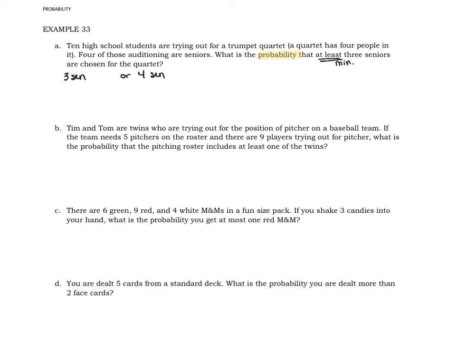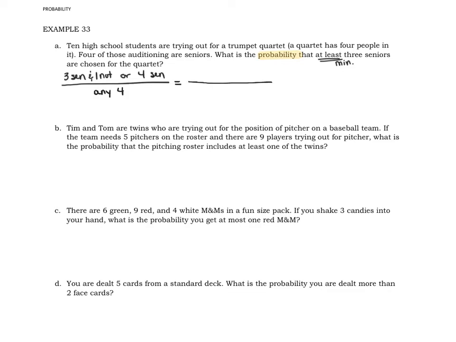So if 3 seniors are chosen, that means we need 1 person that's not a senior. That'll be the numerator of our fraction. That's the specific situation we're talking about. The denominator is just, I need 4 people to be in a quartet. So the denominator would be, how many ways can I choose any of the 10 people trying out to be in my quartet?